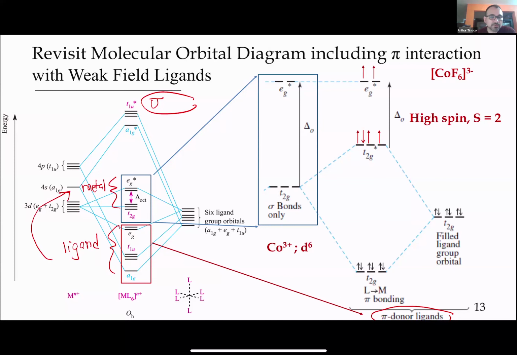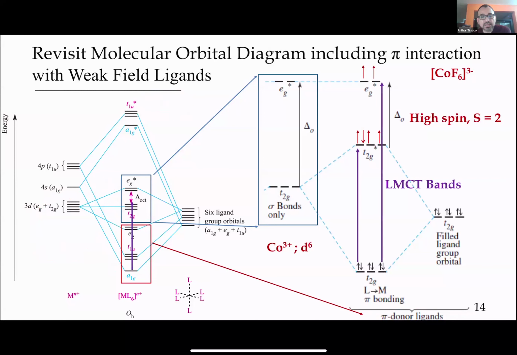And so those types of interactions can still be possible when you go into the context of a pi donor ligand system. But here, what you can also see, and this is where I was mentioning more pronounced, more likely to be observed, is that you also have the ligand to metal charge transfer bands that can come from the ligand pi orbitals being excited into the metal orbitals.